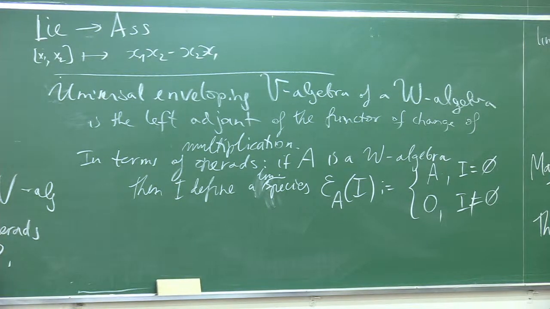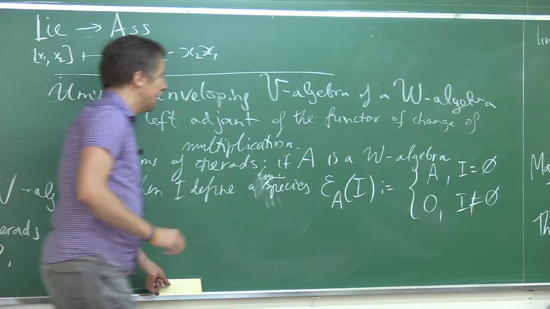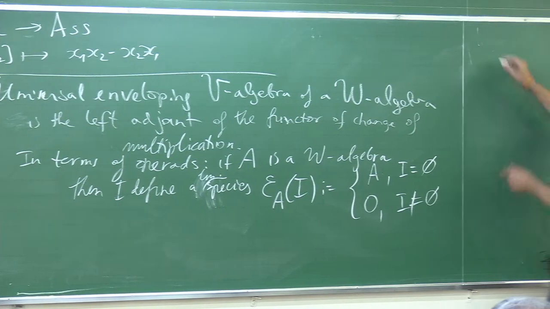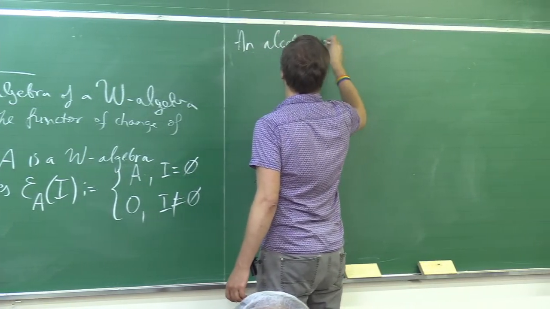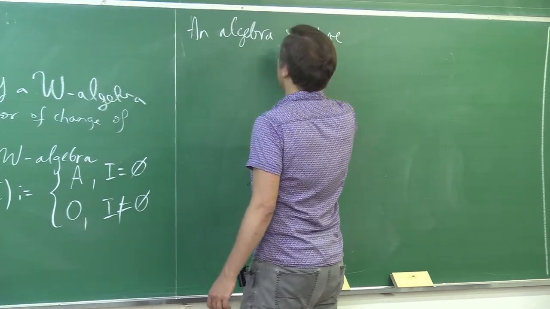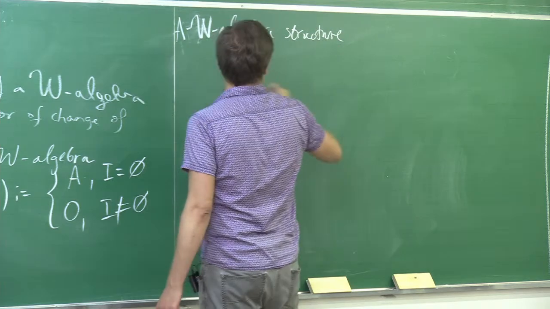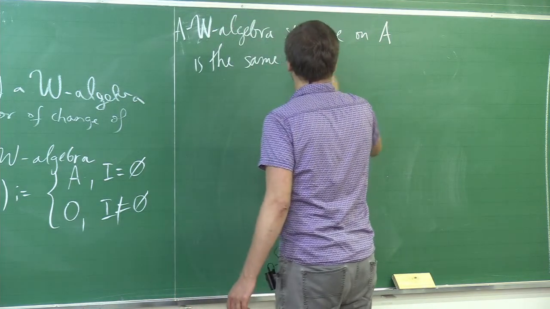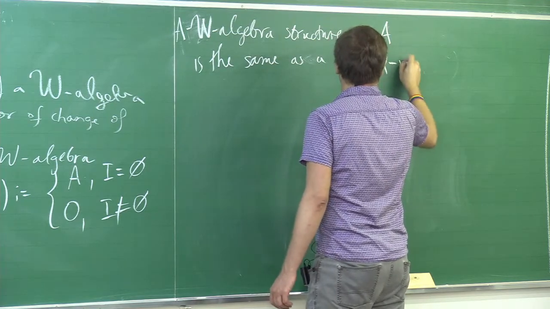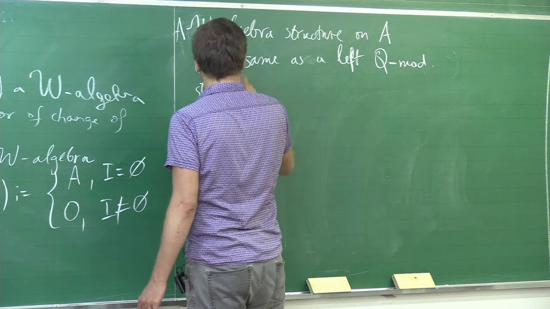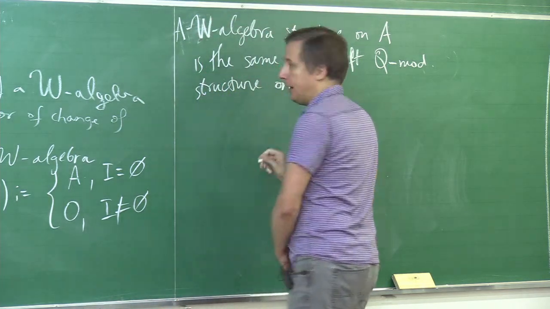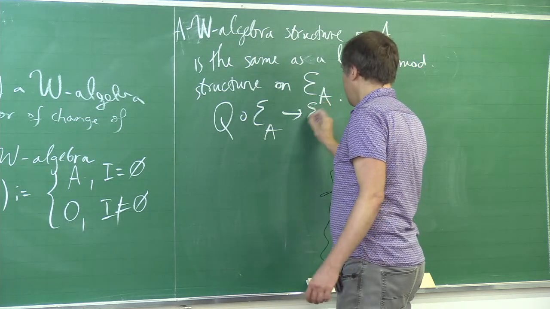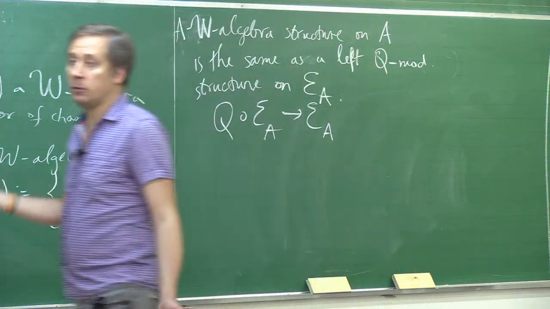What is the advantage of this? It is as follows. A W algebra structure on A is the same as a left P-module structure on epsilon A. And so this means that, by left module, I mean something that I express categorically in terms of the monoid structure.